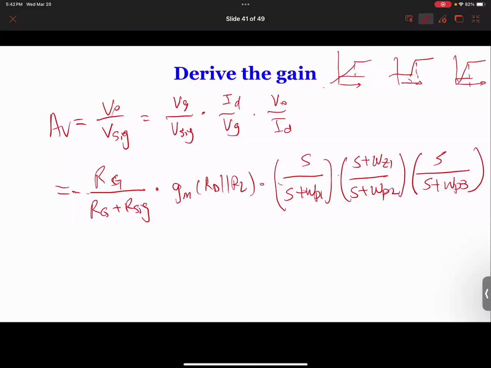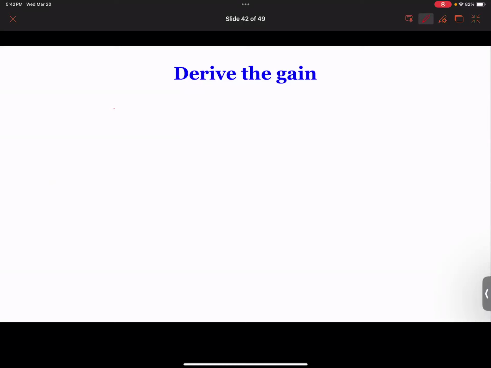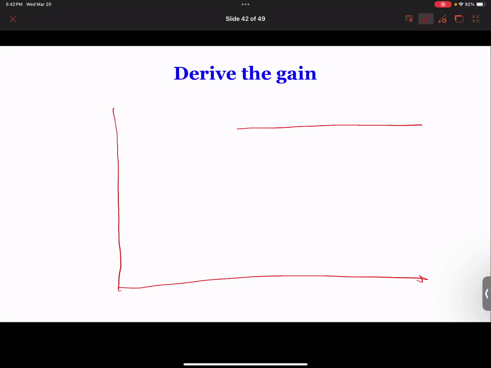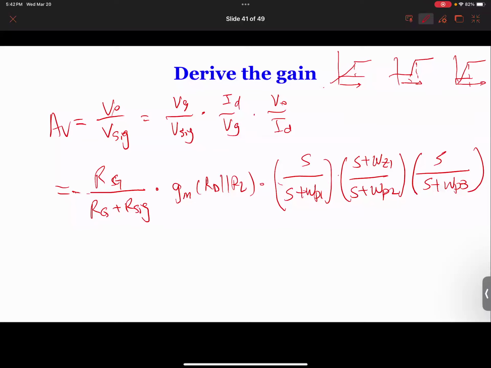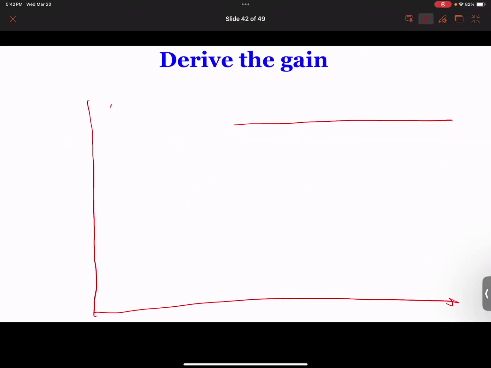So what you can do is simply draw this line, and we know at high frequency, this is a constant. And that constant is expressed by this part, okay? Let me mark this down.